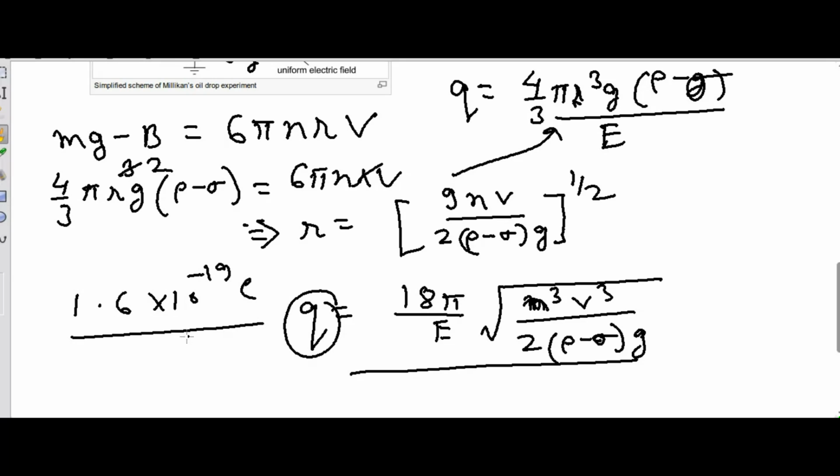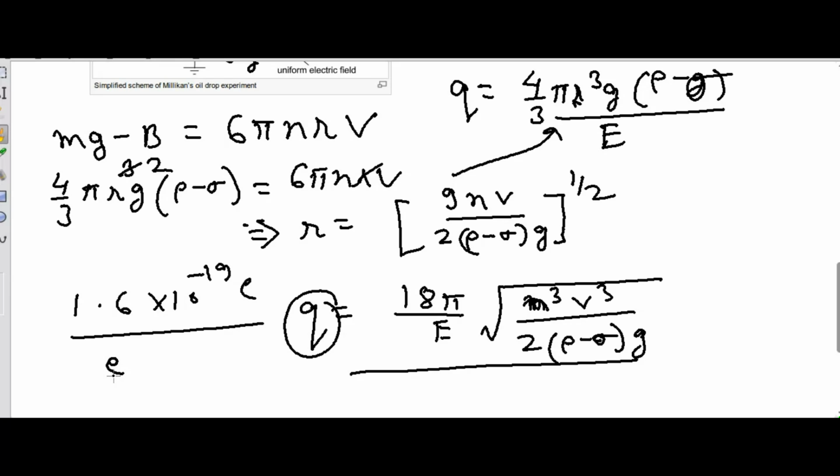We know that charge is quantized. So they deduced that the charge on the fundamental particle, the minimum entity, should be 1.6 into 10 to the power minus 19 coulomb. That's how they found the charge of an electron.